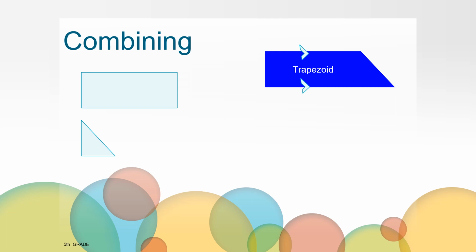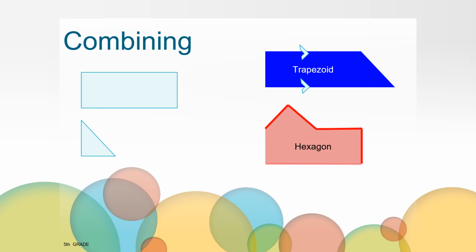What else could you make by combining the rectangle and the right triangle? You could create a hexagon by rotating the triangle and combining it with the rectangle.